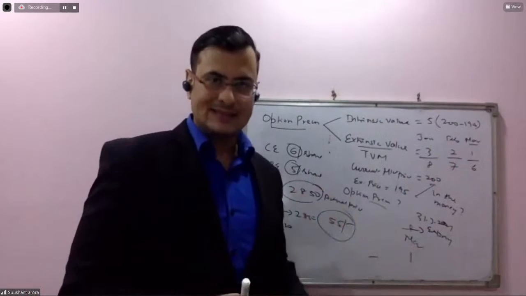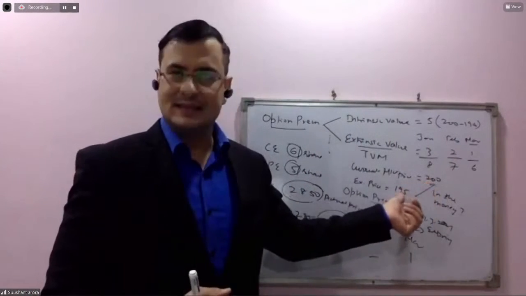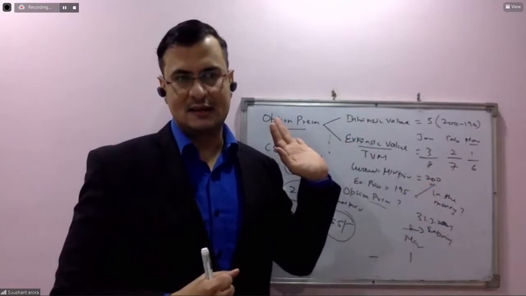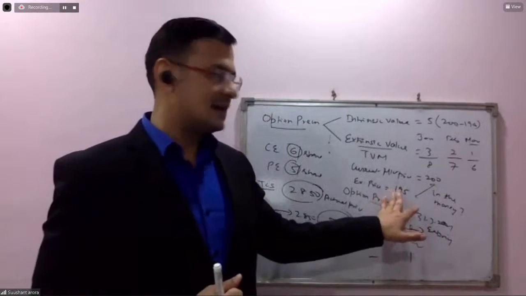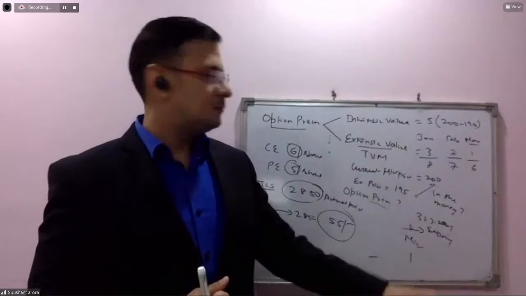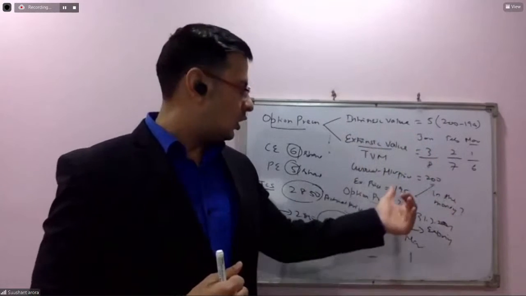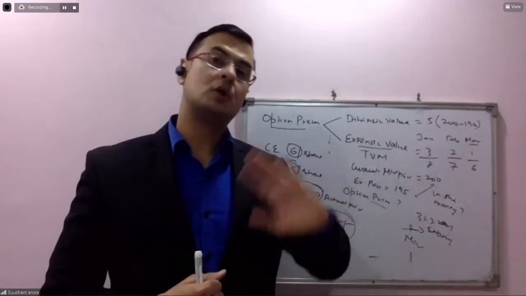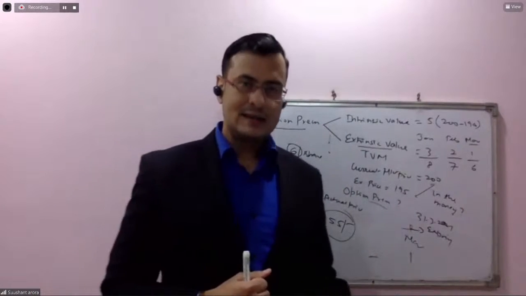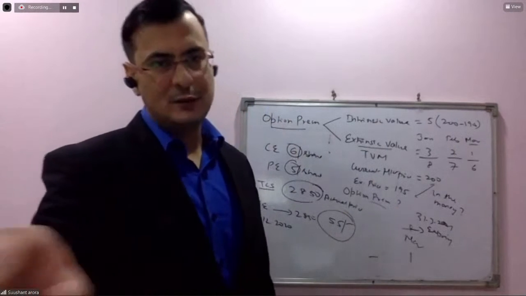So again, exercising a call option or not depends on whether the condition is met; only then will you exercise. Very simply, we will exercise any call option only when the spot price is higher than the exercise price, if we have bought the call option. Okay, guys? I hope this is clear. Now we can go to the option valuation techniques.